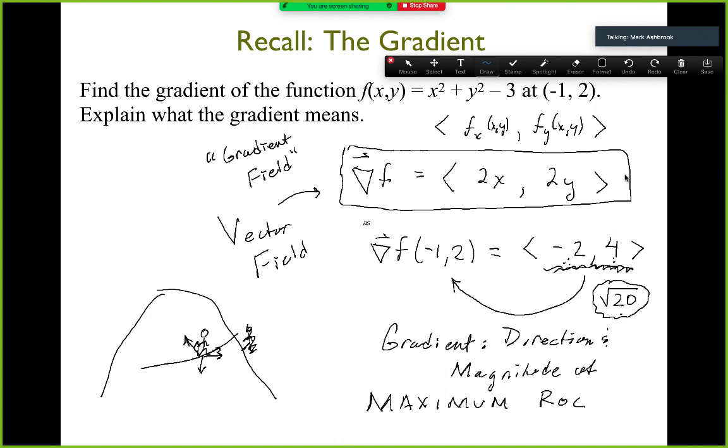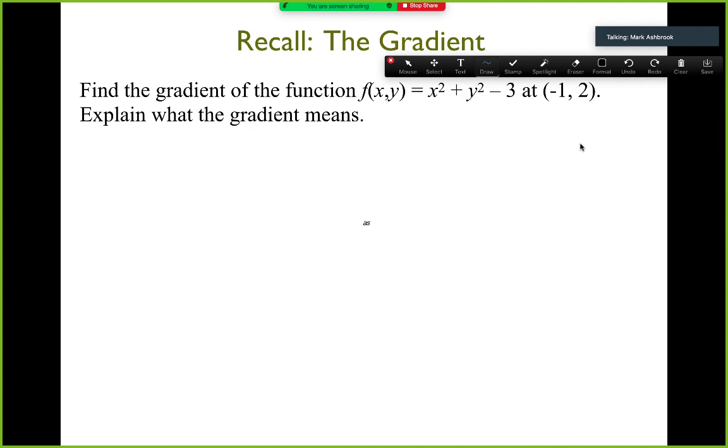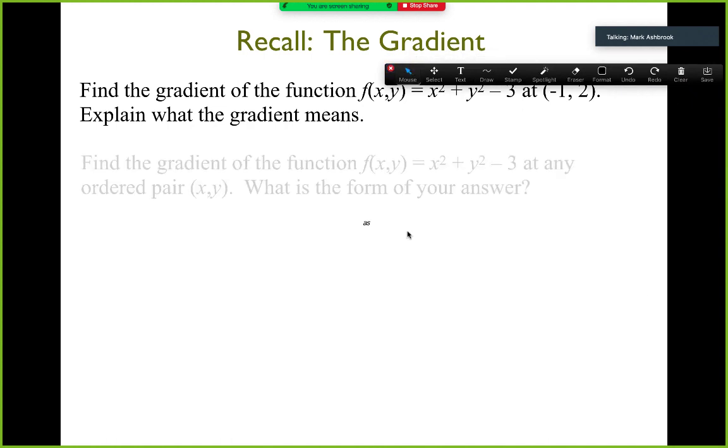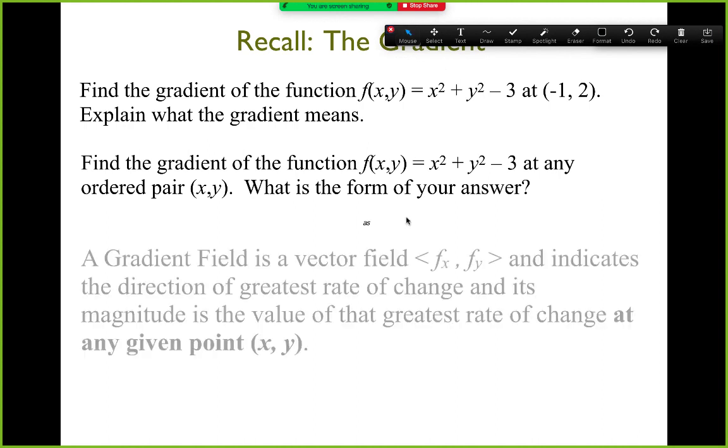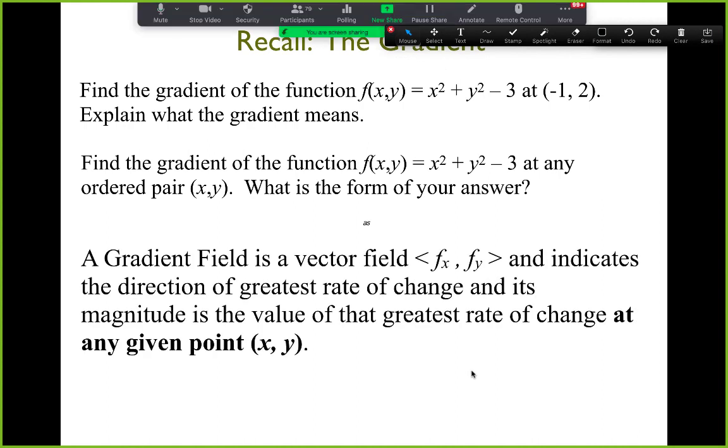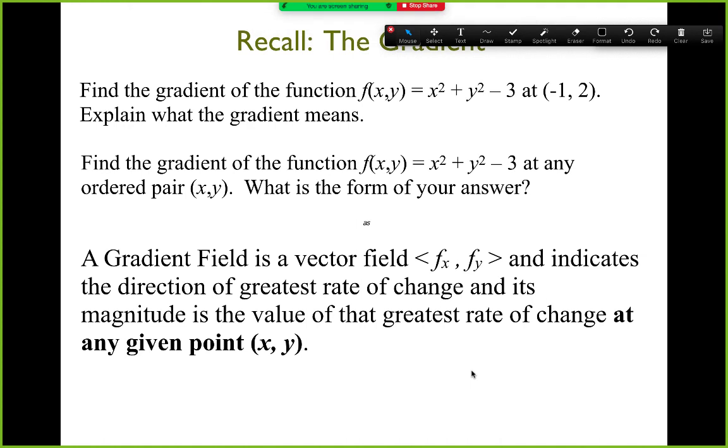Okay, so let's see what my slide says. We already did that. A gradient field is a vector field of partial derivatives. It indicates the direction of greatest rate of change, and its magnitude is the value of the greatest rate of change at any given point x, y. So it's a function of gradients.